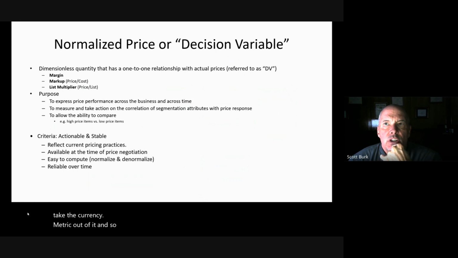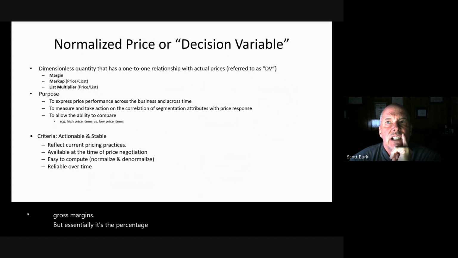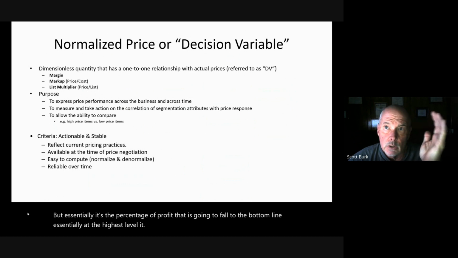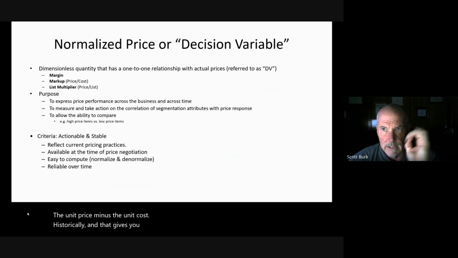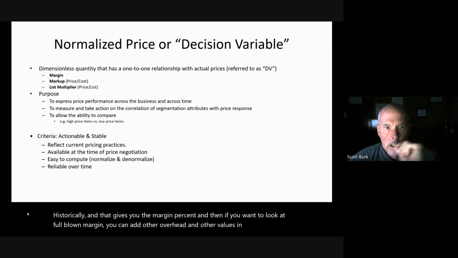One of the things that we might do is look at the margin. So that's a percentage. There are different types of margin. There can be gross margin, but essentially it's the percentage of profit that is going to fall to the bottom line. At the highest level, it's the unit price minus the unit cost historically, and that gives you the margin percent. And then, if you want to look at full blown margin, you can add other overhead and other values into it as well.